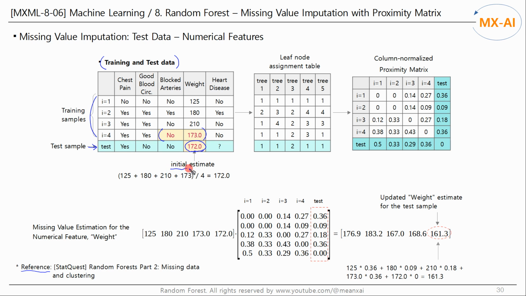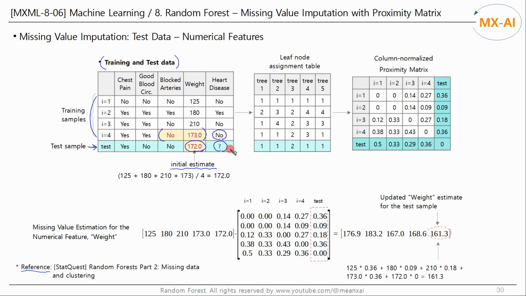The first step is to assign an initial estimate to the missing value in the test sample. For training samples, we can use the target labels when obtaining the initial estimates because they are known. For test samples, however, the target label is usually unknown because it is what we want to predict.